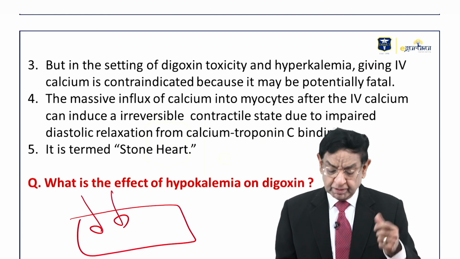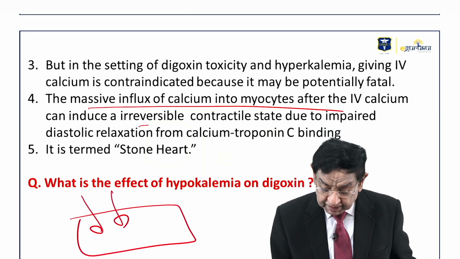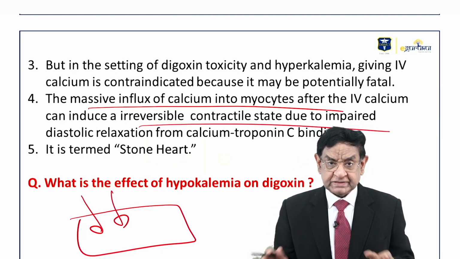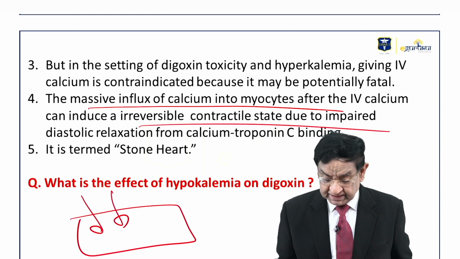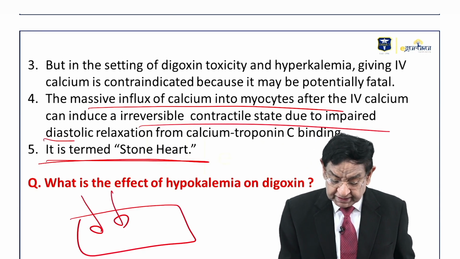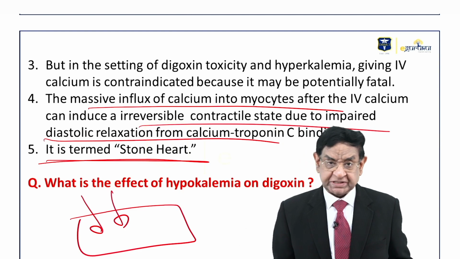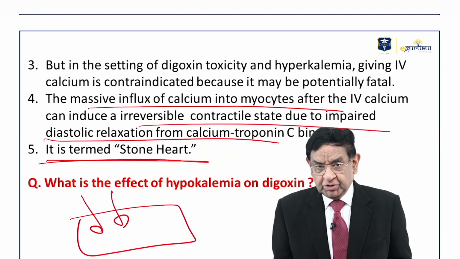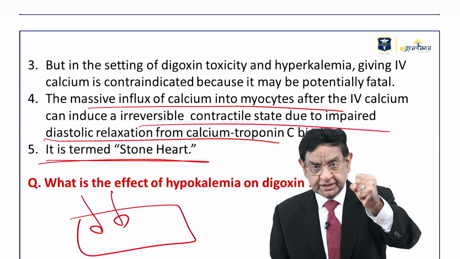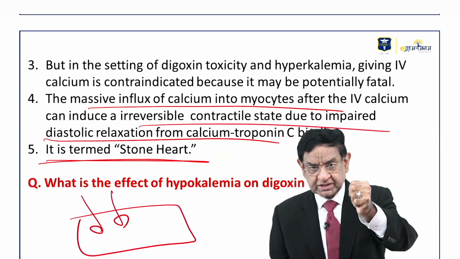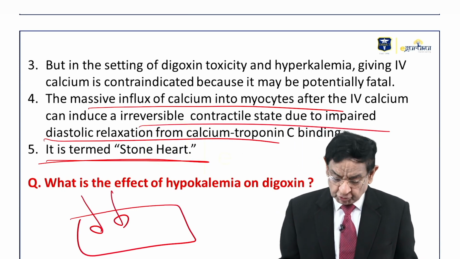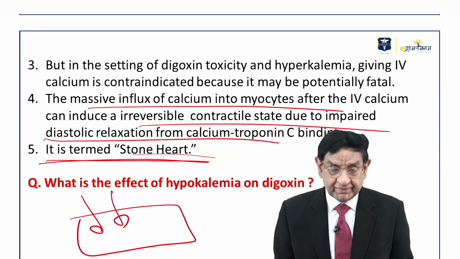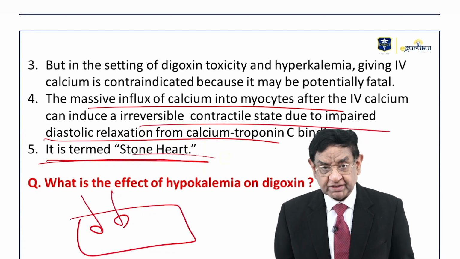That leads to more and more attachment of calcium to contractile protein, and more sustained contraction of the cardiac muscle, and this is known as stone heart. There will be impaired diastolic relaxation because calcium is continuously causing contraction of the myocyte, with no relaxation. Like a hand making a total, strong fist, that is stone heart. So that's why we never give calcium in digoxin toxicity.